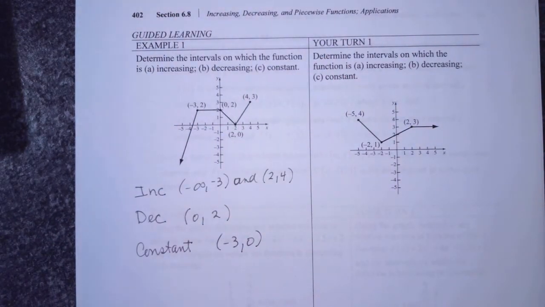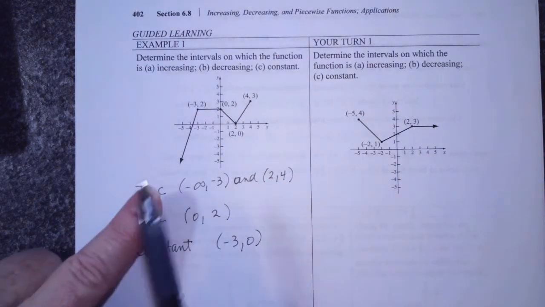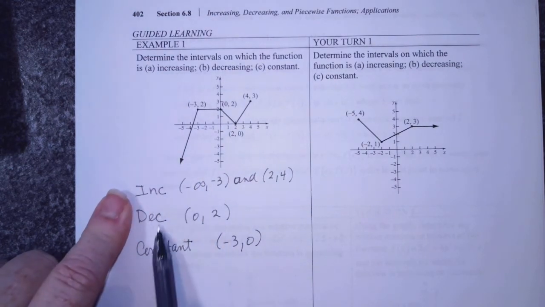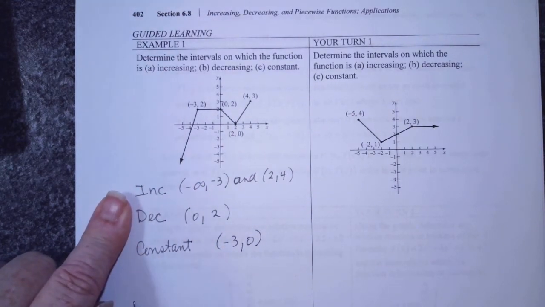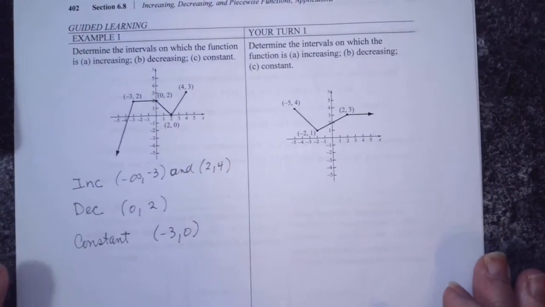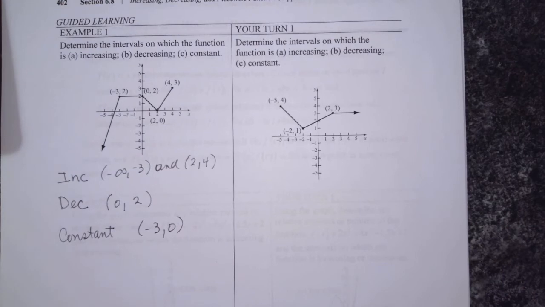Okay. I know, but that's an excellent question. But remember that arrow just indicates that this graph continues in that direction forever. Yeah. All right, so you guys try this one. I'm going to give you a couple minutes and then we'll compare our answers.